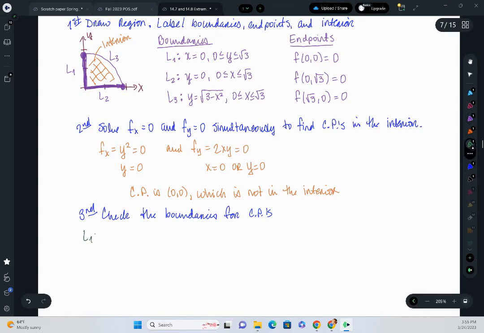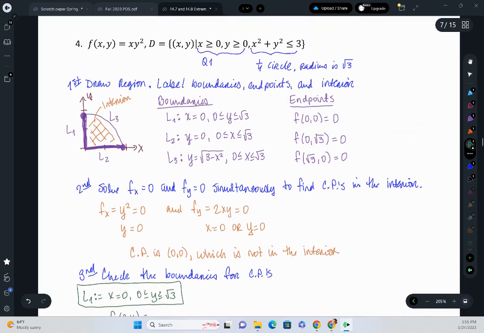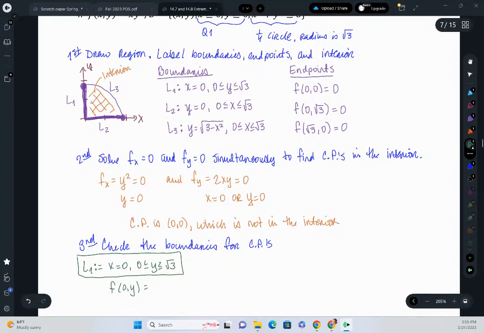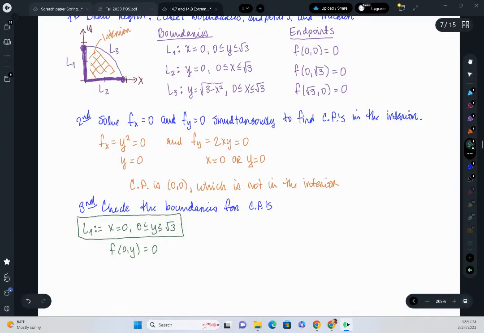Okay, L1 was defined by x equals 0 and y was going between 0 and root 3. So I'm going to look at f of 0 comma y. Well, f of x y is x y squared. So if x is 0, then my function is 0. And I'm kind of done there.